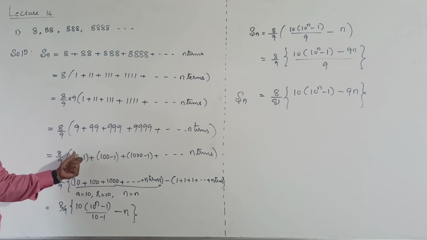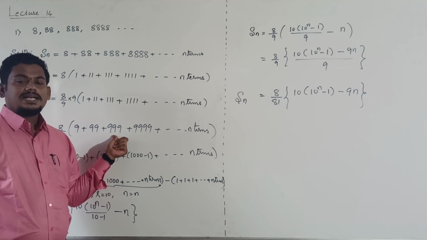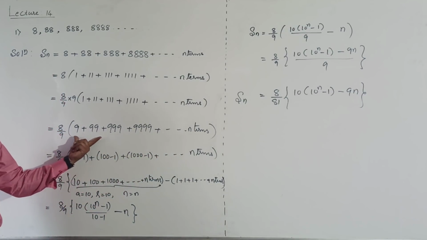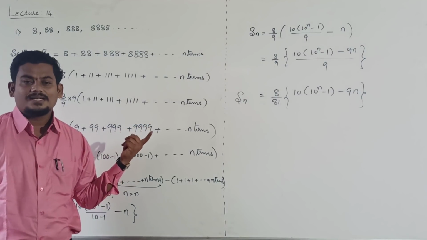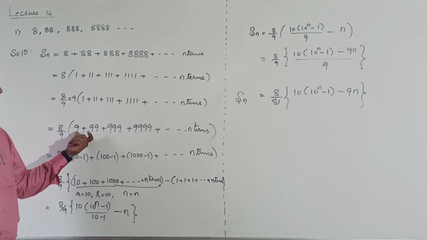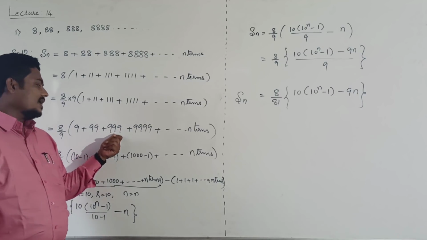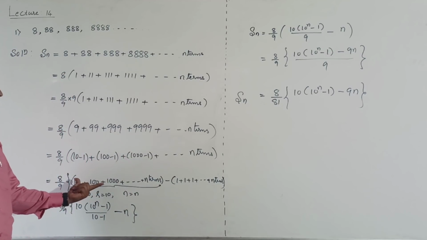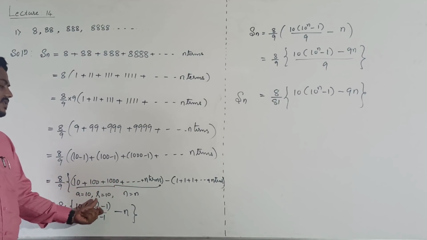After that write 9 as 10 minus 1, 99 as 100 minus 1, 999 as 1000 minus 1 and so on, because then you get GP. After that use the Sn formula of GP for n terms.